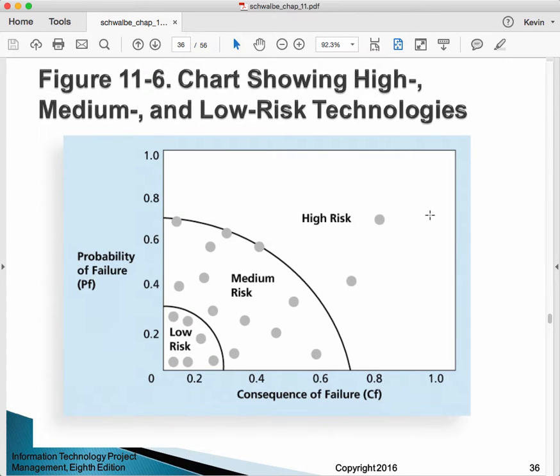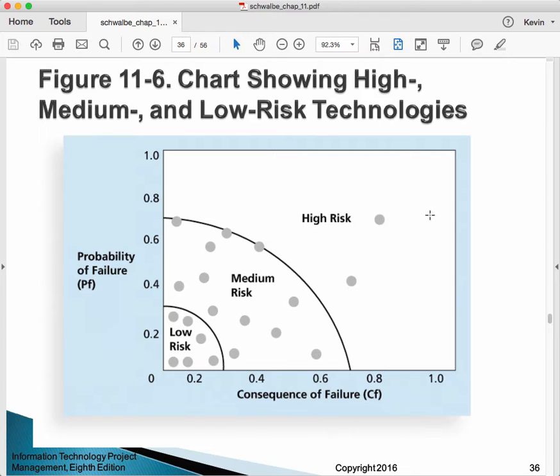Another way that you could do this is you could take the probability of failure as a percent, and 1.0 being 100% probable, 0 being 0% probable. And then we could have the consequence of failure, 1.0 being catastrophic consequences, and 0 being no consequences at all.